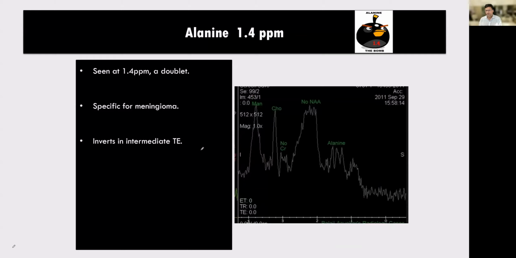And there was somebody who was asking a doubt in the chat box regarding alanine. Yeah, alanine we have seen so many times, and we have seen it in regular 144, 135 intermediate TE also. This is my experience. If there is something not right about it, I can go and check once again. Already some questions about alanine have come up. In meningioma, I've seen it 4 or 5 times already.